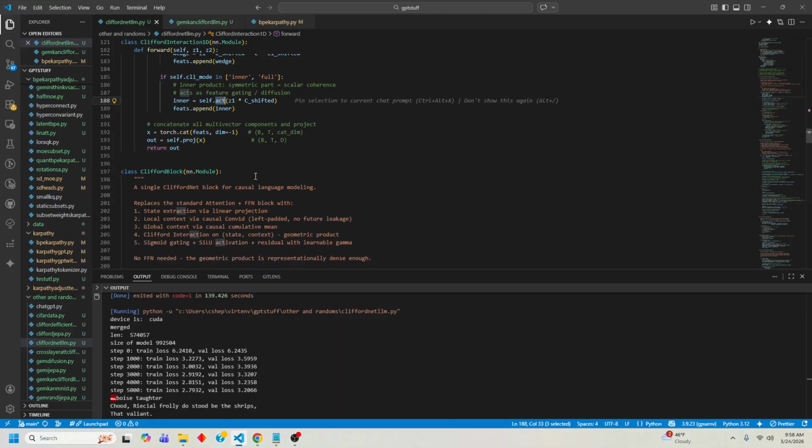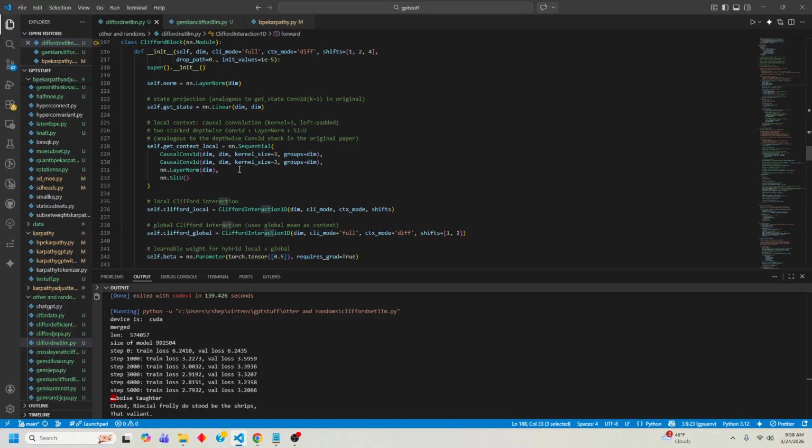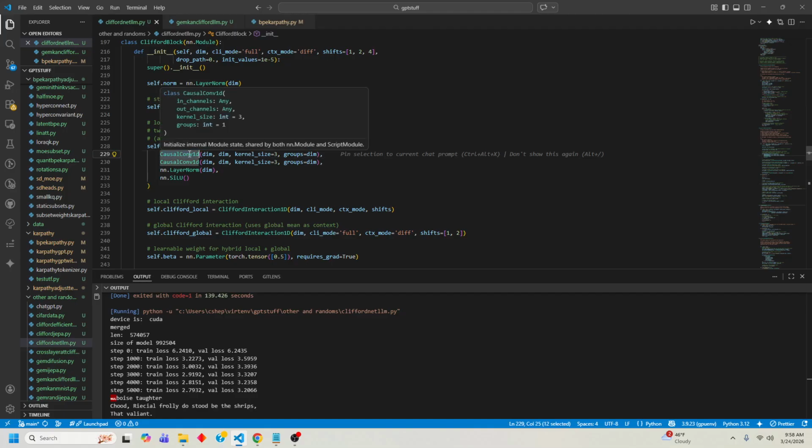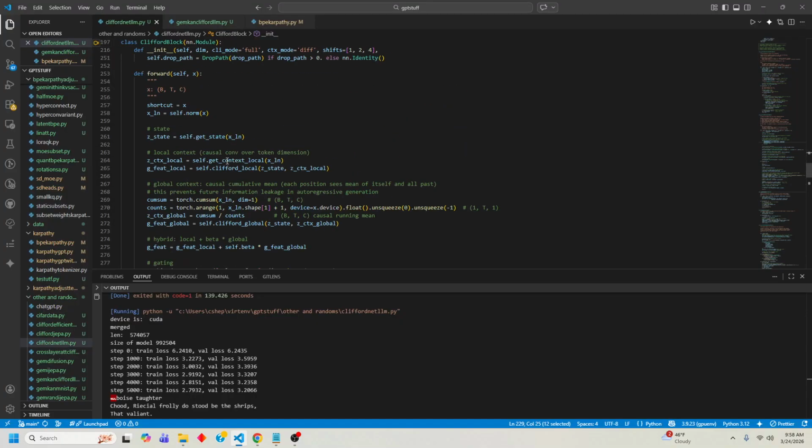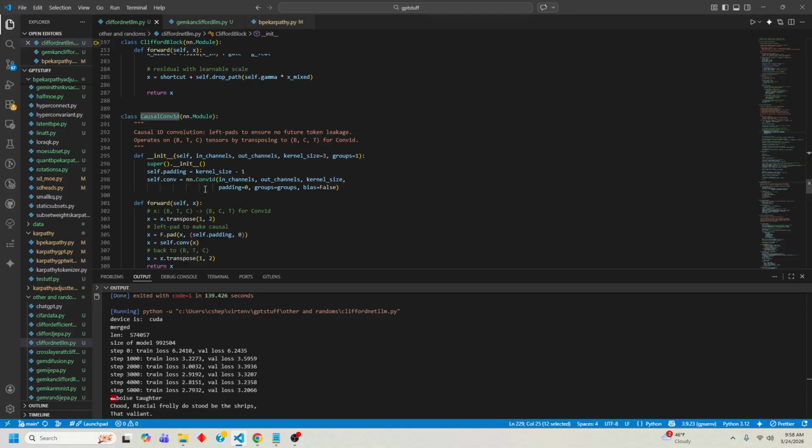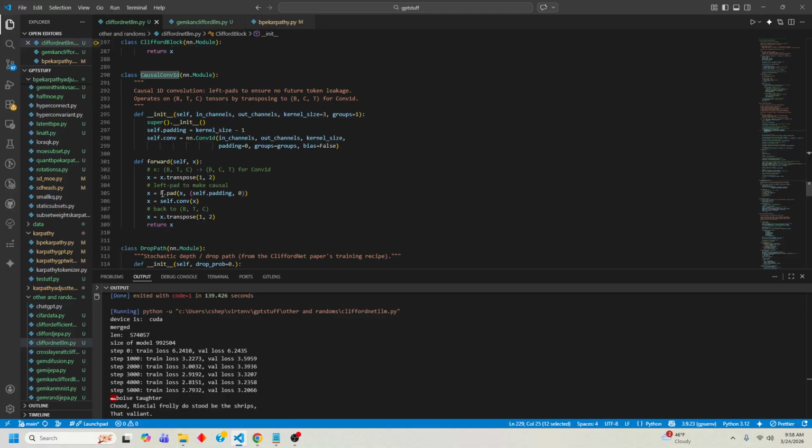The other thing I wanted to talk about is how to get the local context. We create what's called a causal conv1d. Let's go show that. It's just a convolution with the stuff shifted, so that future tokens don't get used here, and it only uses past tokens.